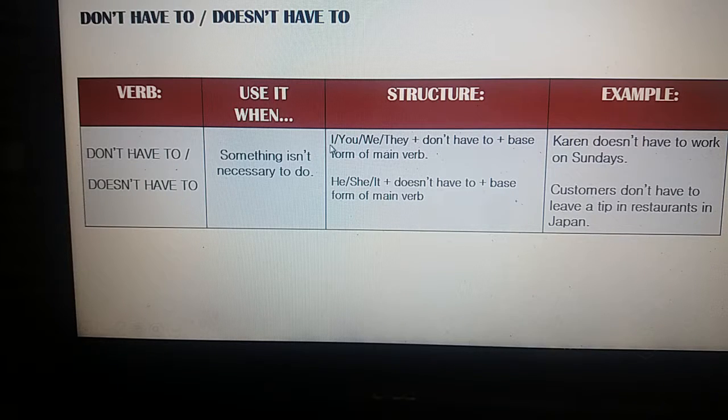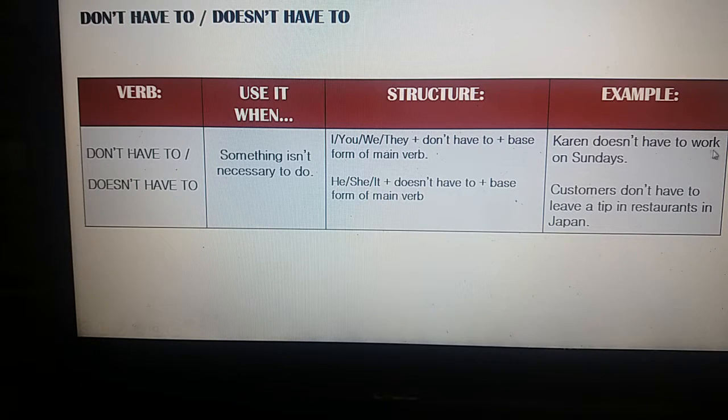Okay, so when you have I, you, we, and they, we're gonna use don't have to in the base form of the main verb. And when you have he, she, it, you use doesn't have to in the base form of the verb. For example, Karen would be she, okay?